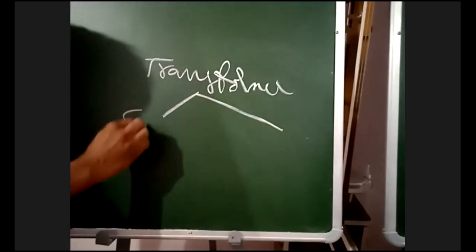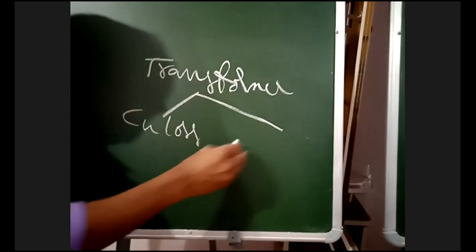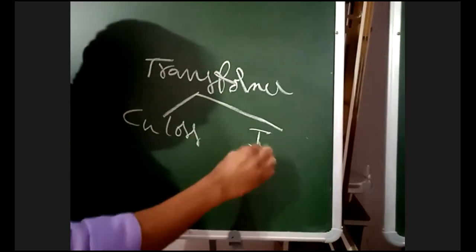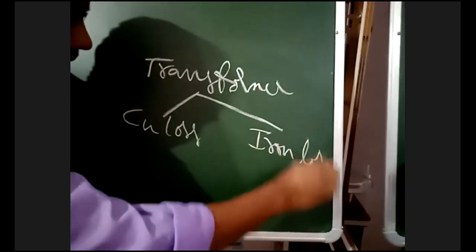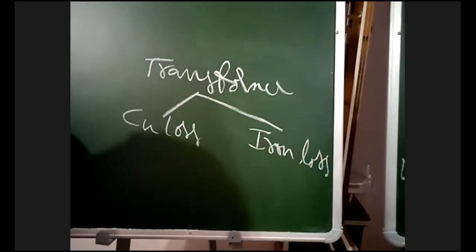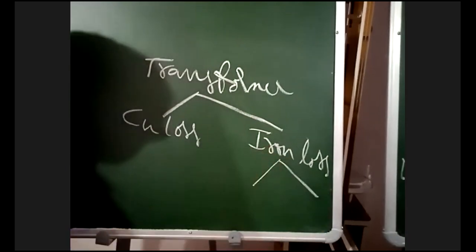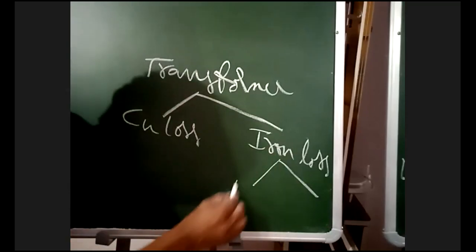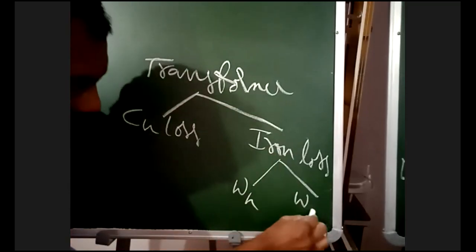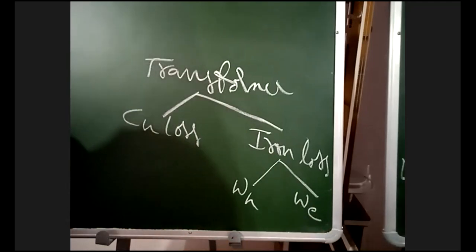One is copper loss, another one is iron loss. Iron loss other name is core loss. So core loss is classified into two types. One is hysteresis loss, another one is eddy current loss.